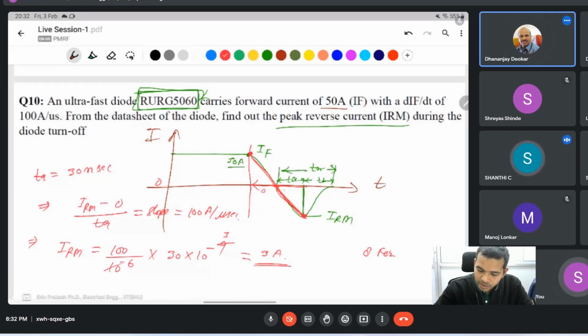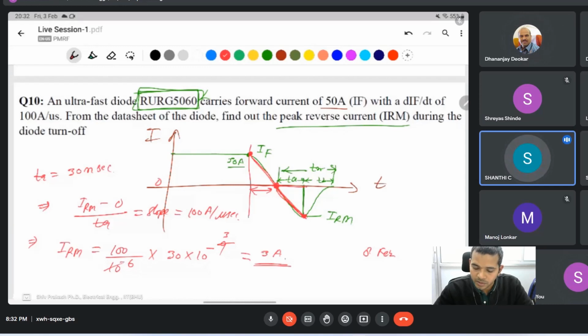If you take IRM to 0, it means we will take only TA time. I have only TA. It is not mentioned about this one time period. That's why I can take minus IRM to plus IF. So the slope is from IF to IRM. The value given dIF by dt covers from the IF to IRM, sir. The red line fully.